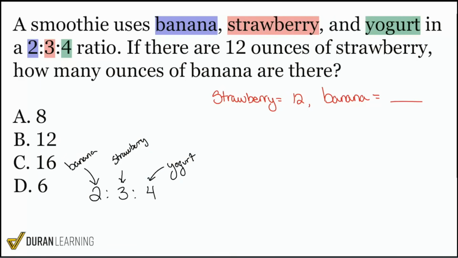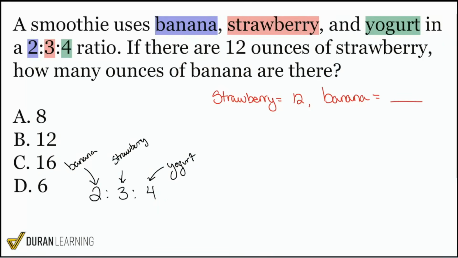Everyone, if we are trying to solve this proportion, which of these parts of the ratio can I safely ignore? Which of these do I really not need at this moment in time? Yeah, I don't need 4. I don't need the yogurt. Because guess what, everyone?